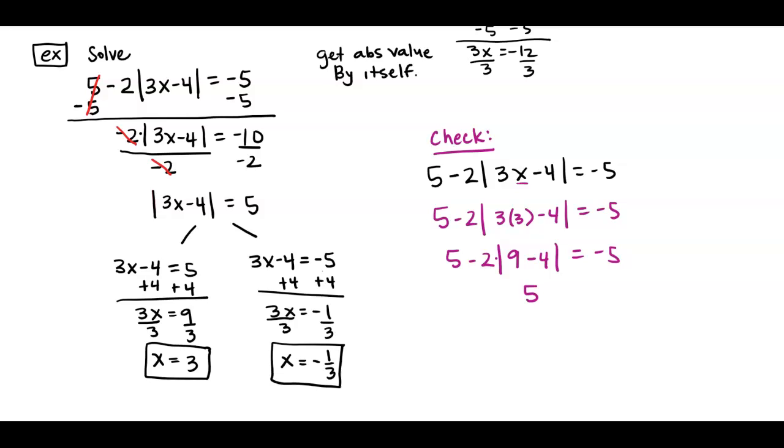The absolute value of 5 is still 5. But then I need to bring down the rest of this. I need to do my multiplication before I do my subtraction. So 5 minus 10 equals negative 5. Negative 5 equals negative 5. So that one checks out.